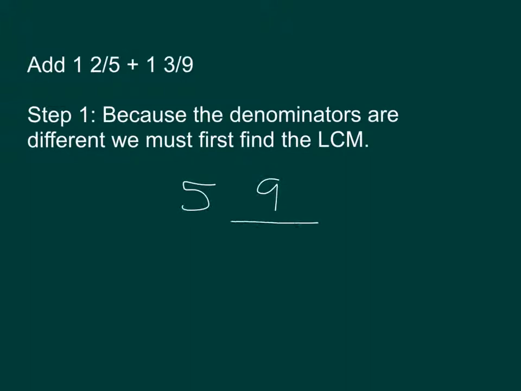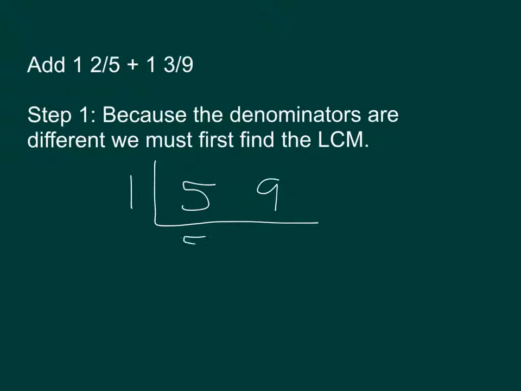5 and 9 and put this into the slide. Well, we know that 5 is a prime number, but 9 is not a prime number, so we can't just write it off immediately like we've done in the past. But because 5 is prime and 5 cannot divide evenly into 9, the only number that can divide evenly into both is 1.